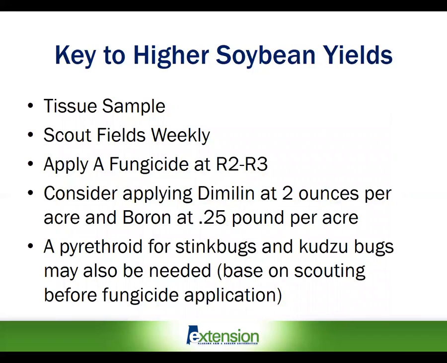Now, here are some keys to higher soybean yields. One is I would tissue sample every week. You also need to scout your fields weekly. The other thing is consider applying a fungicide at R2, R3. A fungicide is insurance.